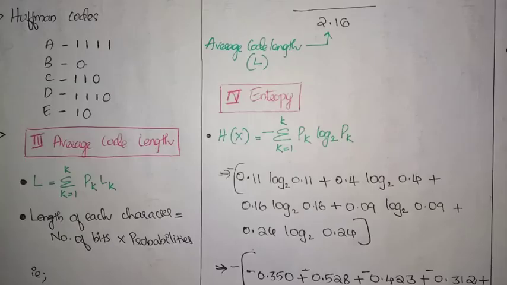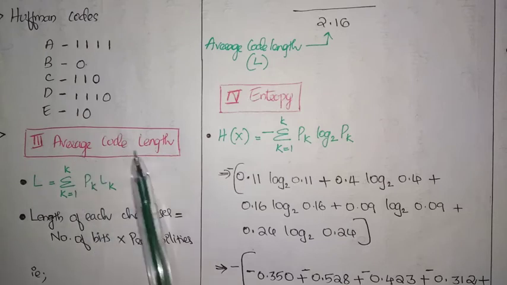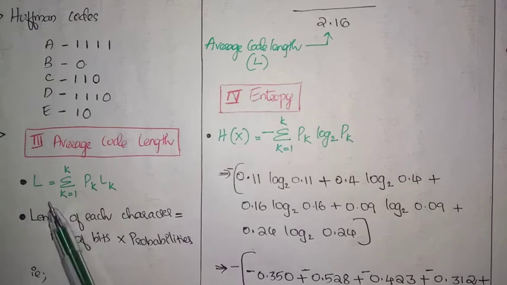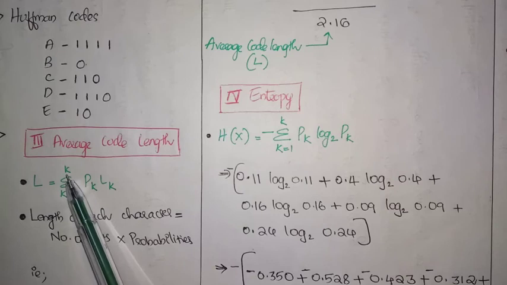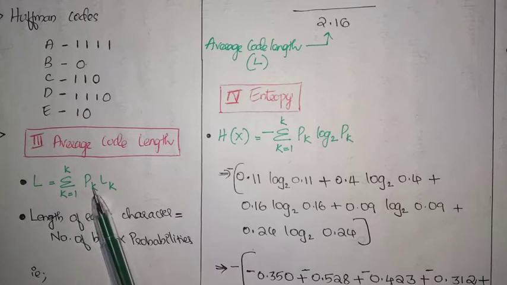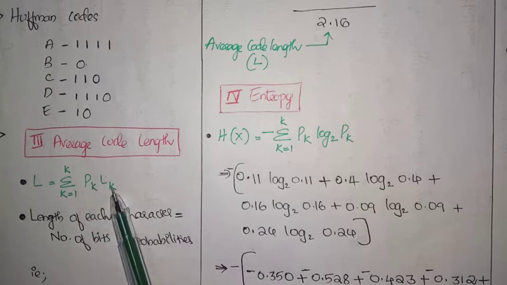Now the next step is to find the average code length. The average code length is found using this specific equation: sum of k equal to 1 to K, pk times lk, where pk is the probability of each and every character, which is given in our question itself, and lk is the number of bits of the Huffman code.